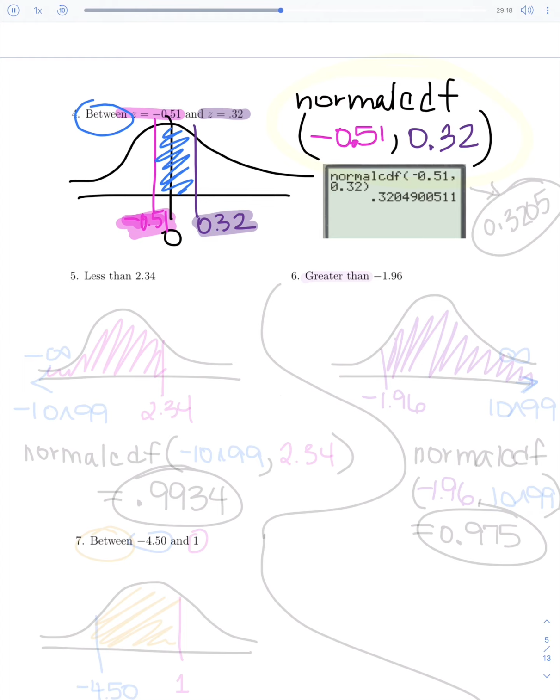Notice the calculator gives us an area probability of 0.3205. And just writing out, like I've said when we did binomial probabilities, if you write out this normal CDF that you got from your calculator that you were trying to type in, that does help me quite a bit in assigning partial credit because I can tell whether or not you had the right idea.